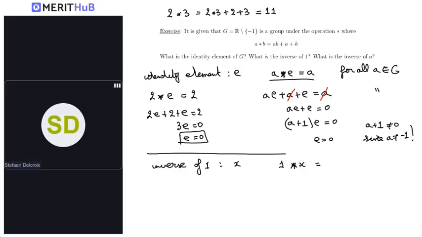An element operated with its inverse is always the identity. And what was the identity in this case? The identity here in this example was not 1, but was 0. So 1 star x should be 0, solve for x. What is 1 star x?